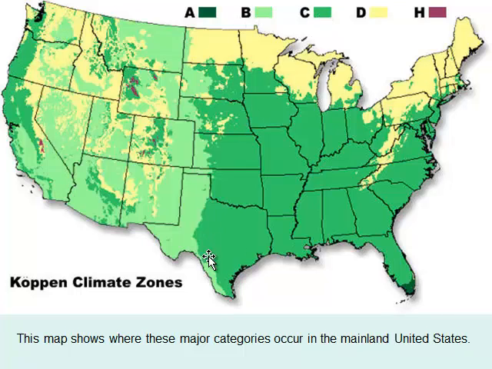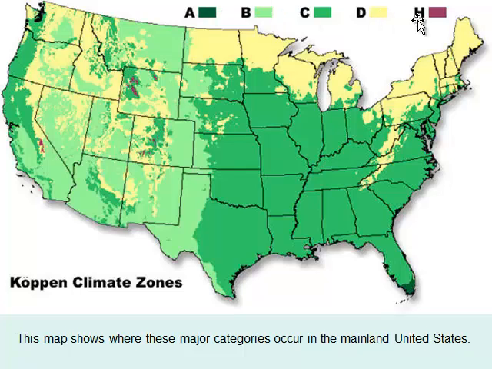C is this darker green that we see over in the Midwest and over to the southeast. Sorry, a little bit of A down in Florida. Warm, humid area. D is going to be the yellow zones we see, kind of northern areas, high elevation areas. And then H is the really, really high areas that we can see throughout the US.